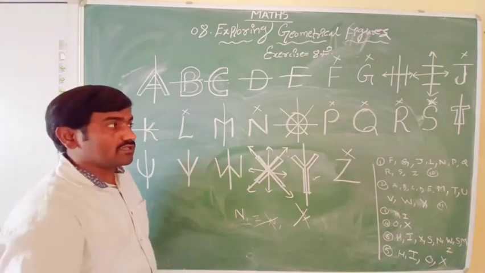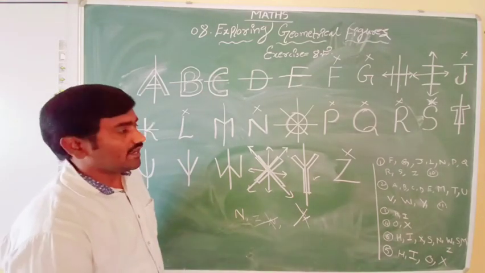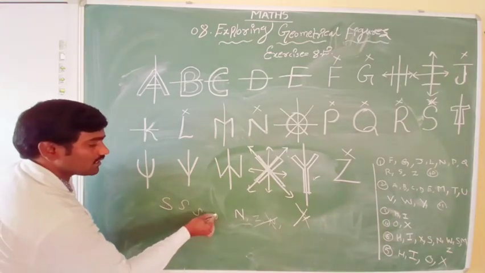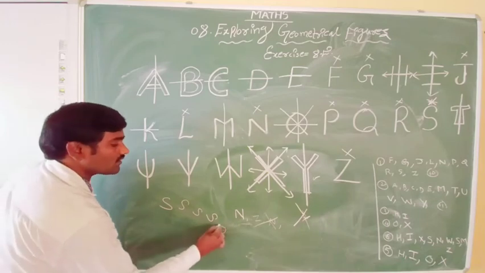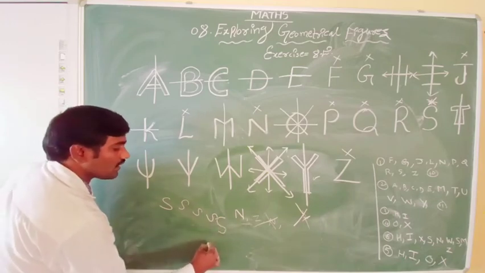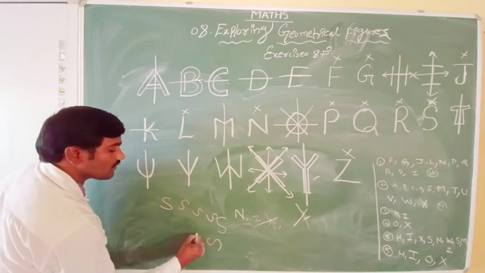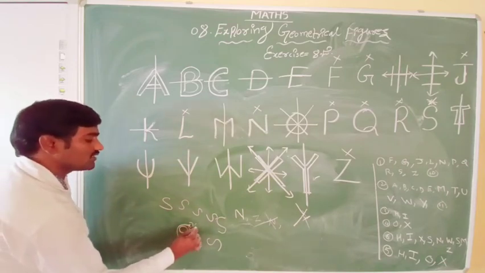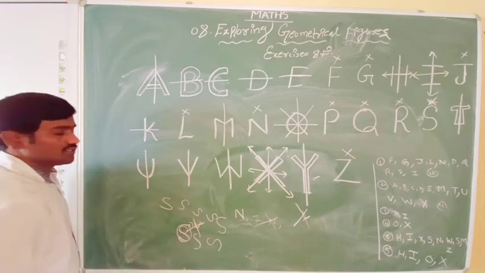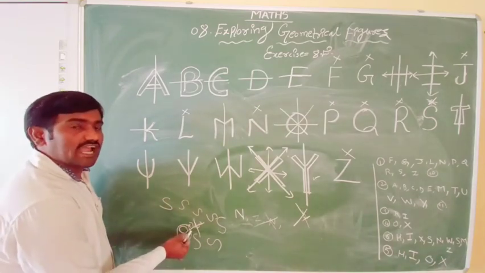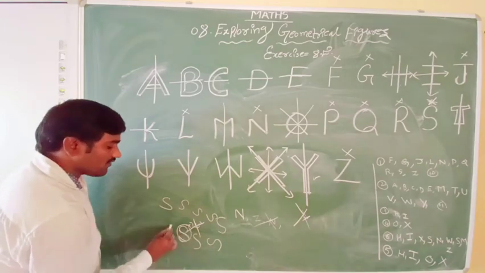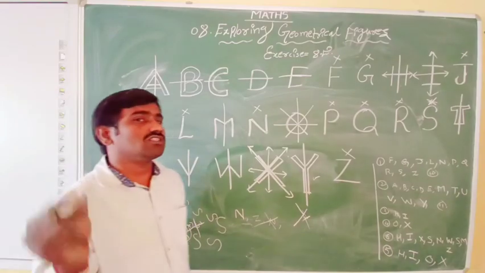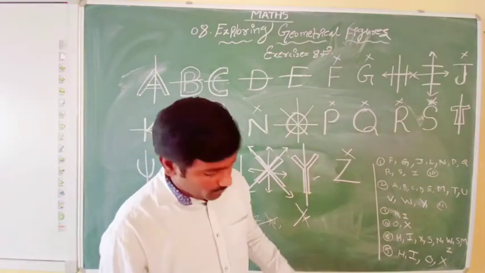When you try to rotate, imagine it, you get an idea. And S also: you try to rotate S, and ultimately it comes back to S at an angle of 360 degrees. So it is not a rotational symmetry, because if a 360 degrees angle of rotation gives the order of rotation only once, it is not a rotational symmetry. I hope you understood.